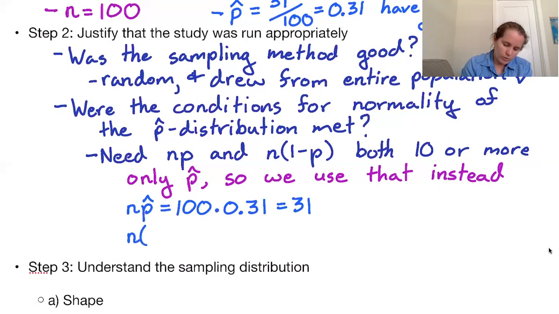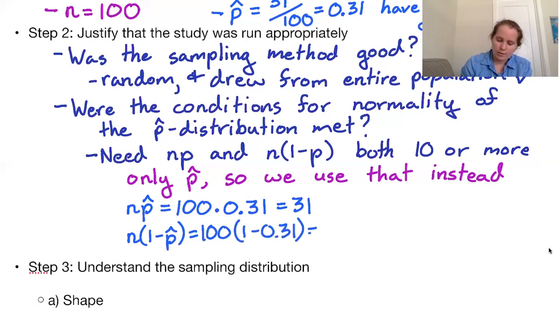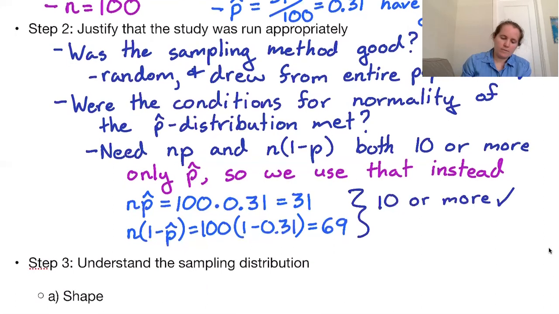And n times 1 minus p-hat is 100 times 1 minus 0.31, otherwise known as 69. Both of these are 10 or more. So we meet our condition.